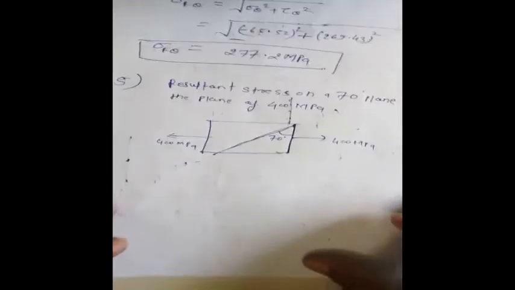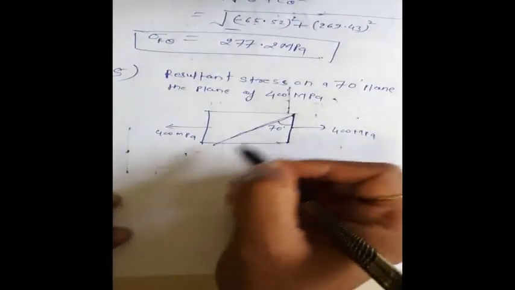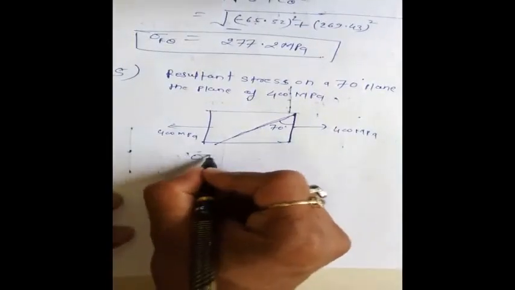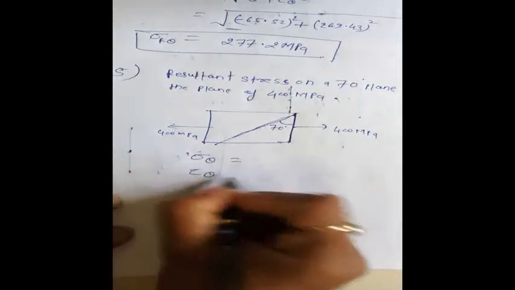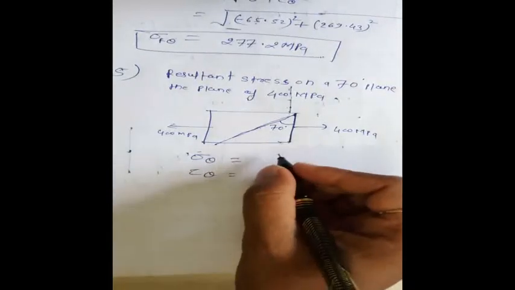Now again, because this is an oblique plane, we have to use the same formula of sigma theta and tau theta.